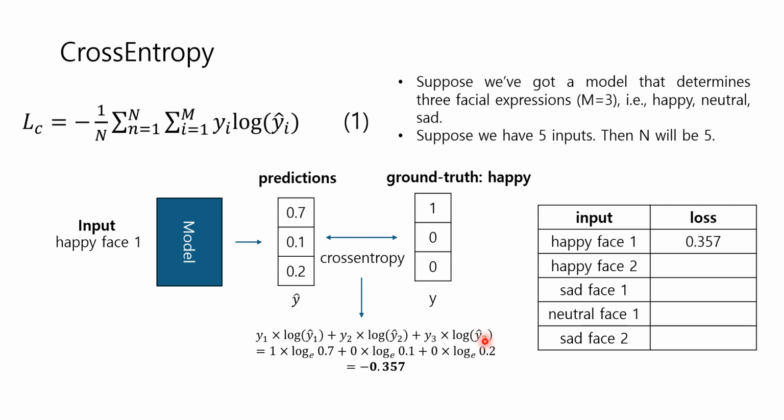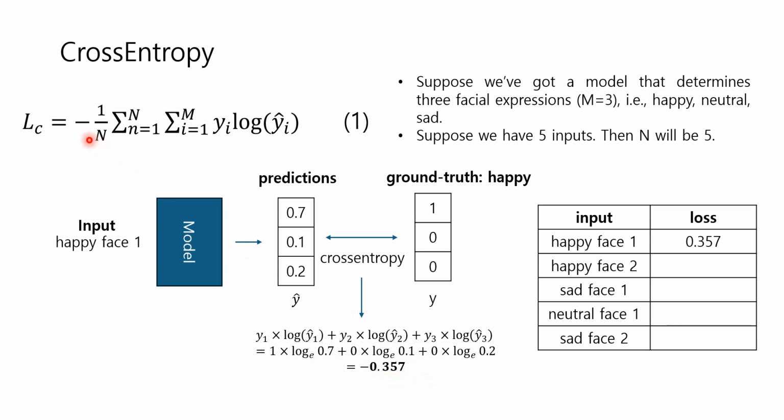The third element in the predicted vector is 0.2. Anyhow, these two terms become 0, and we get minus 0.357.